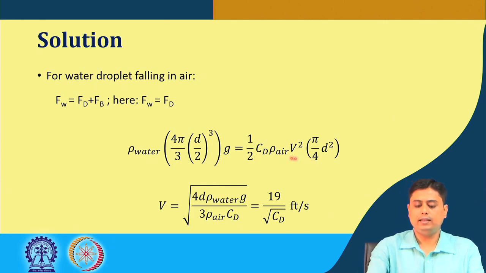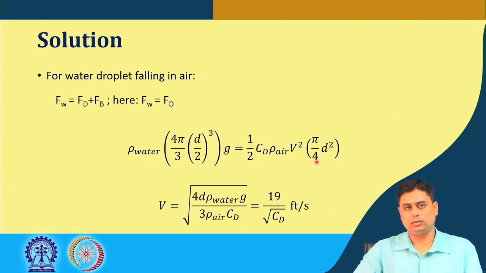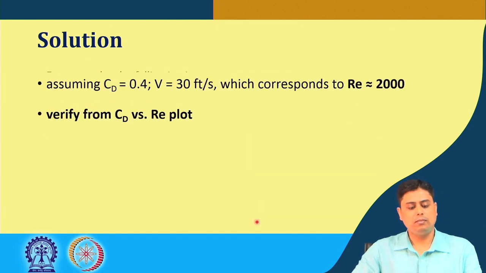This is the expression of the drag force. Similarly, we get an expression for V where again CD is unknown. We use a similar strategy: we assume a certain CD, we find out V, and then we find the Reynolds number for that particular velocity.